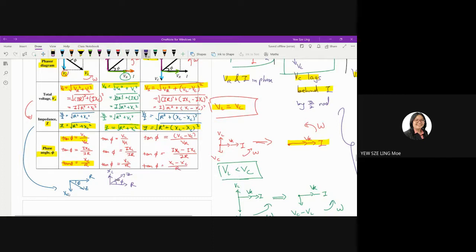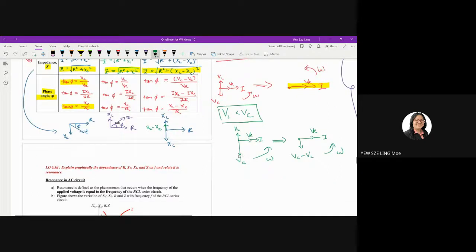When it comes to the phasor diagram for impedance, this will be your R, this will be your XL, and this will be your XC. So the resultant is somewhere here. So let's say XL minus XC, that is the resultant. And then the Z. Now the position of Z depends on which one is larger.